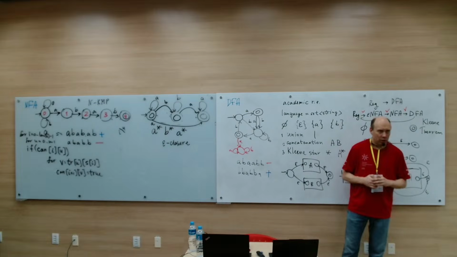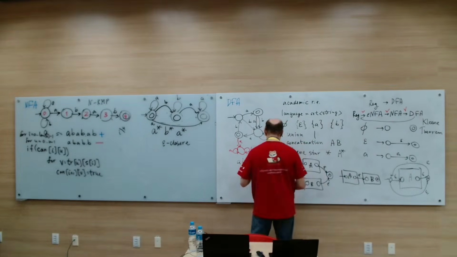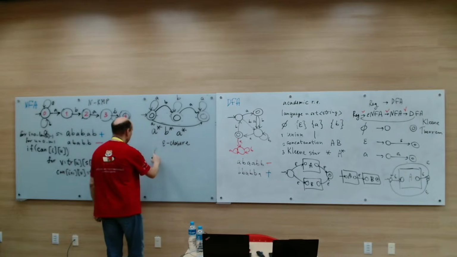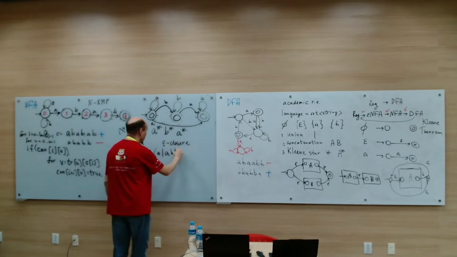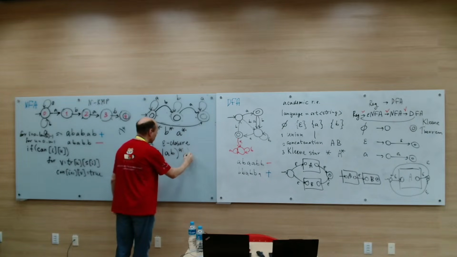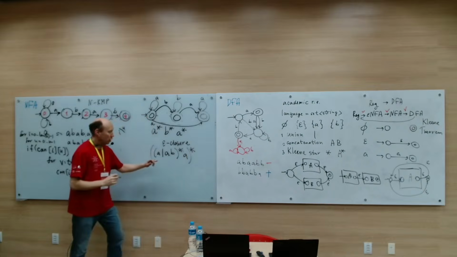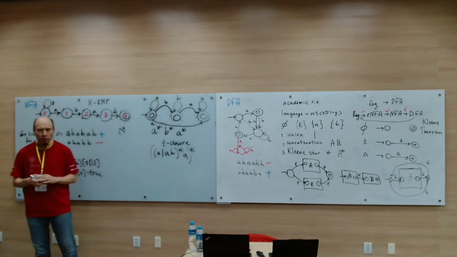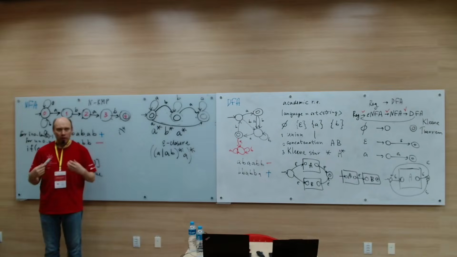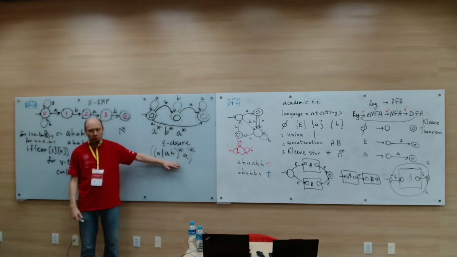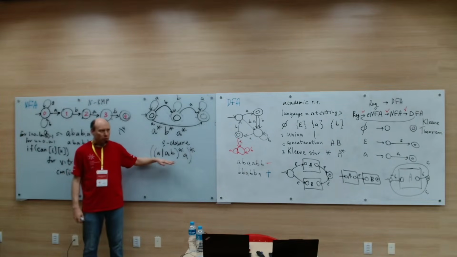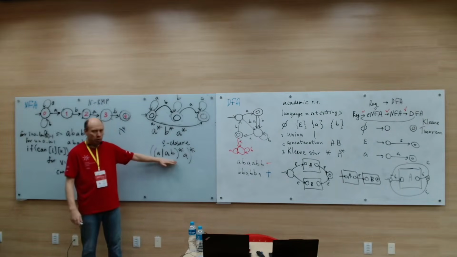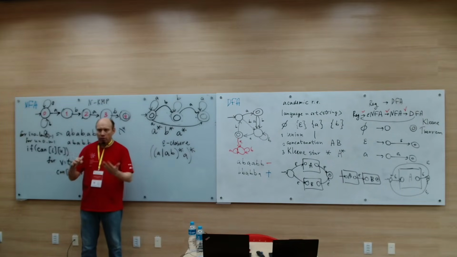So if you have a regular expression like this, or like this, and you are asked, for example, to count the number of words of length n that match this regular expression. Okay, you can create a kind of parse tree for this regular expression and try to make dynamic programming on the tree.